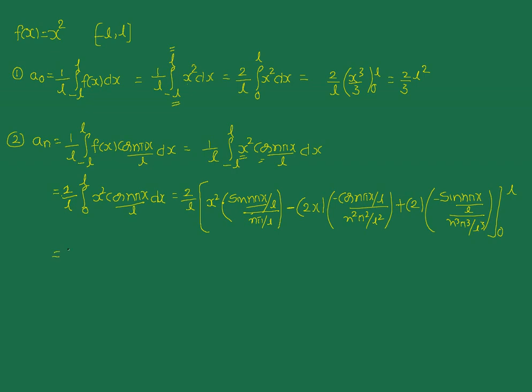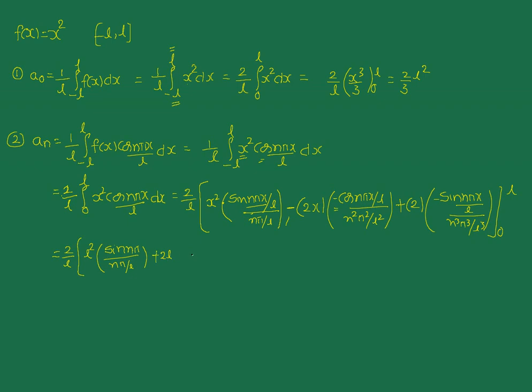So that is nothing but 2 by L into, first we substitute the upper limit. If you substitute the upper limit, L square into sin n pi L by L, that means sin n pi by n pi by L. Minus 2L, so minus this minus into this minus you are going to get plus.